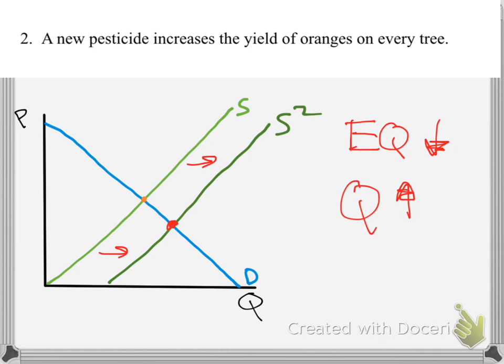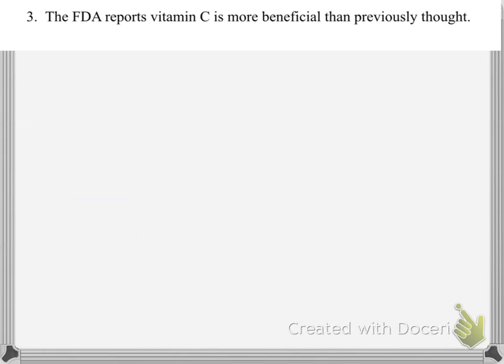Because we originally were here, say it's Q star, and now we're at the new Q, we'll call it Q2. So there's more quantity. Pretend this was 0 and this was 100. You went from, say, 50 to 65. Kind of an example, so if you want to think of numbers, think of it like that. But that pretty much answers that question.